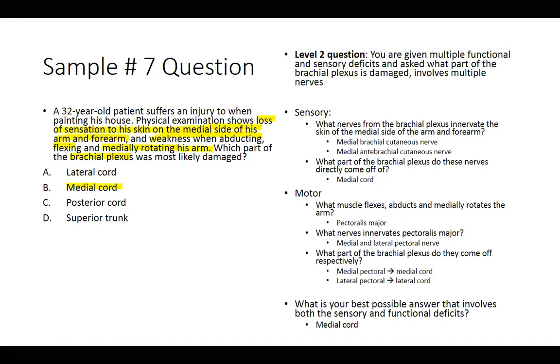Yeah, the deltoid can abduct and flex and medially rotate, if you're looking at the middle part and the anterior part of the deltoid. But you got to take it as a big picture. The axillary nerve does not give you sensation to the medial side of his arm or his forearm, nor does anything off that posterior cord. All right, so that one's eliminated for that reason.